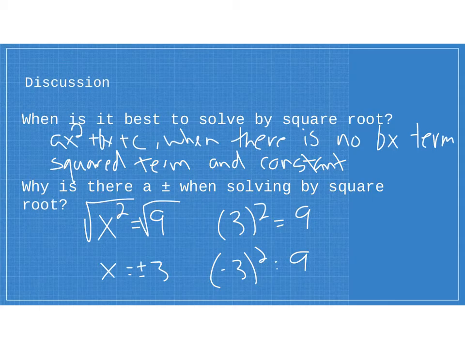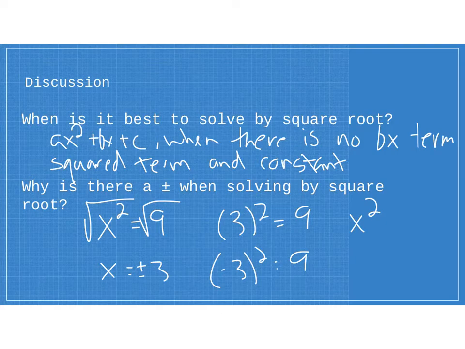And what's really happening here is when you are squaring something, that always makes it positive, because a positive 3 times a positive 3 becomes positive 9, and a negative 3 times a negative 3 becomes positive 9.